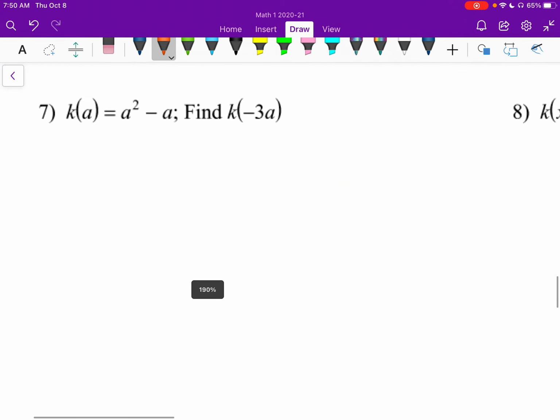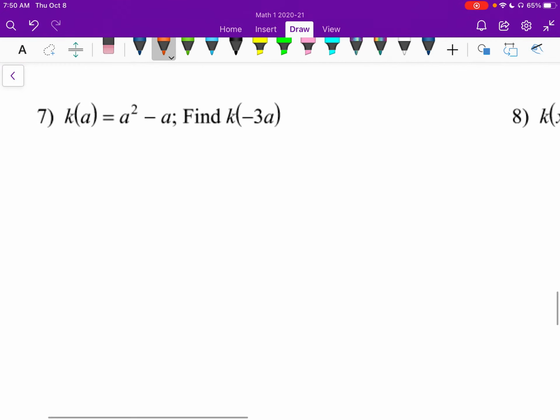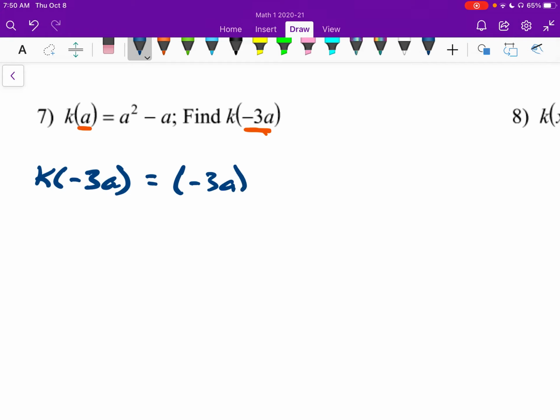All right, let's move on to number 7. After the last one, this should be easy. We have our a, and we're going to be plugging in a negative 3a. So I'm going to have k of negative 3a equals, parenthesis, negative 3a squared minus negative 3a. The exponent of 2 here really goes separately to the 3 and to the a.